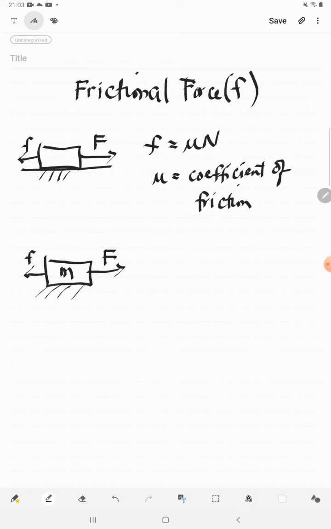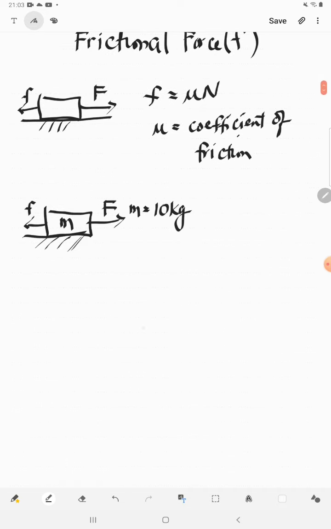And let's say this object is lying horizontally, okay, and the mass of the object is equal to 10 kilograms, where m equals 10 kilograms. And let's say that the body is moving at constant velocity, so mu k is equal to 0.1 here. Okay, so what is the applied force?